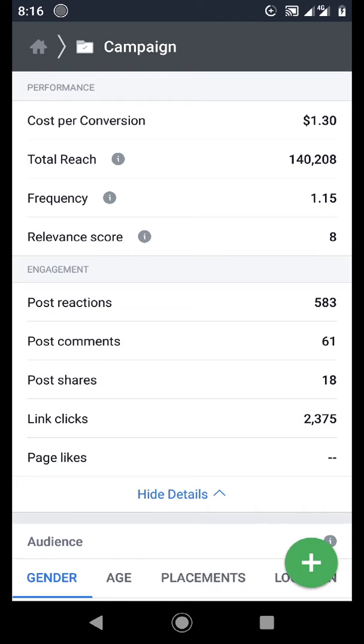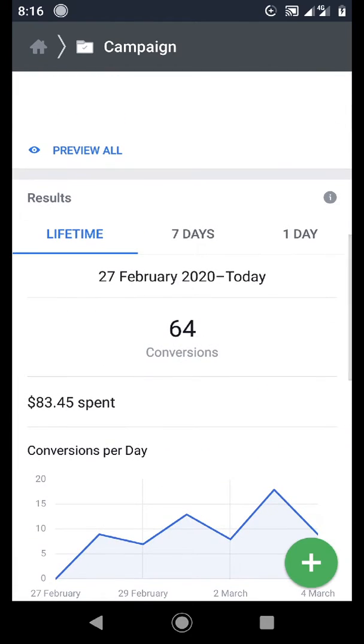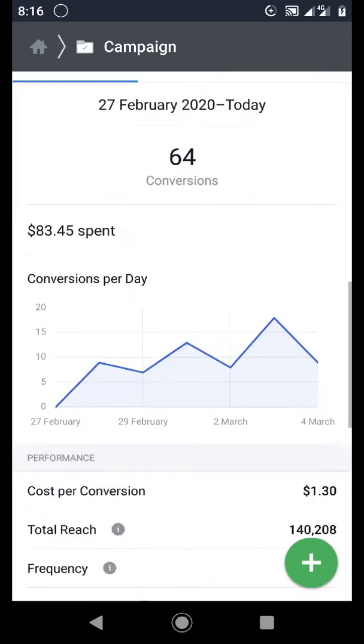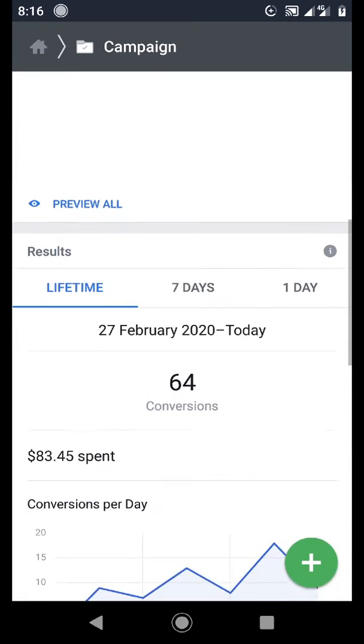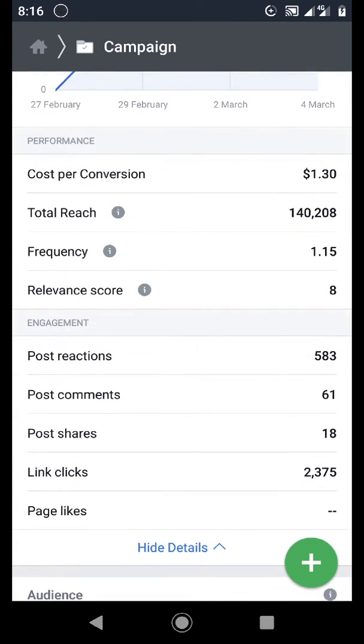Just imagine that instead of getting 2,375 clicks, the campaign got about, let's say, 1,800 clicks. Now the conversions here would be lower, because fewer people clicked. I hope you understand.